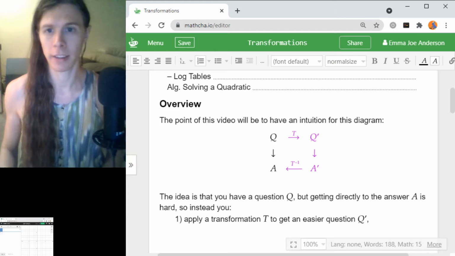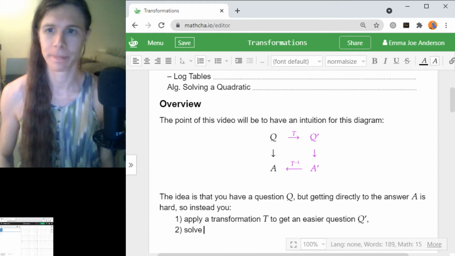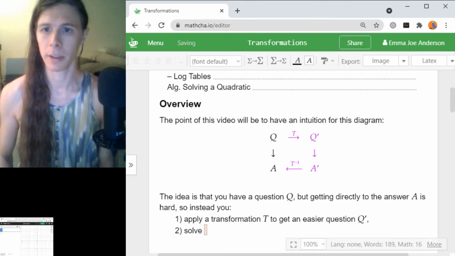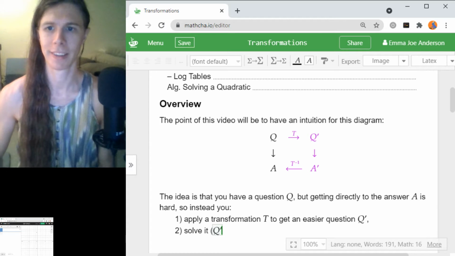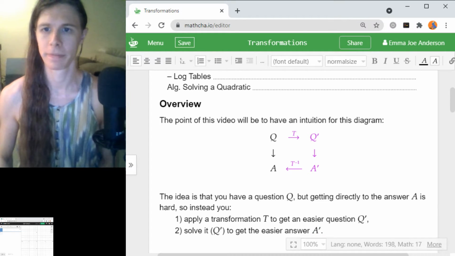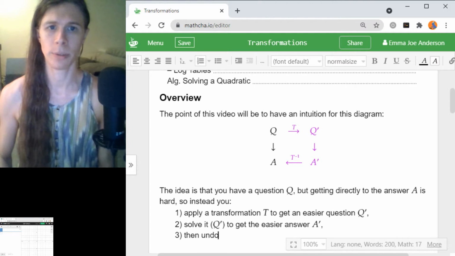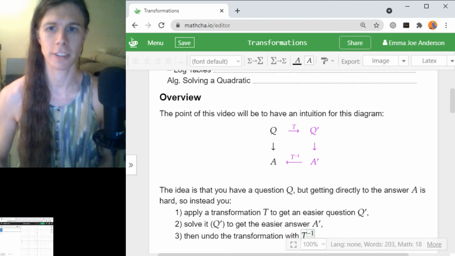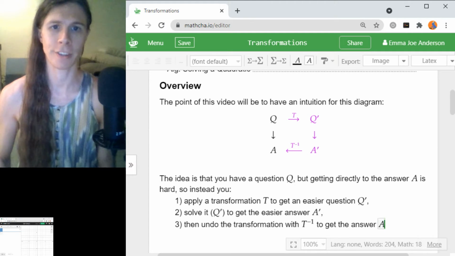And you solve Q prime to get the easier answer, A prime, and then undo the transformation with T inverse to get the answer A you actually wanted.